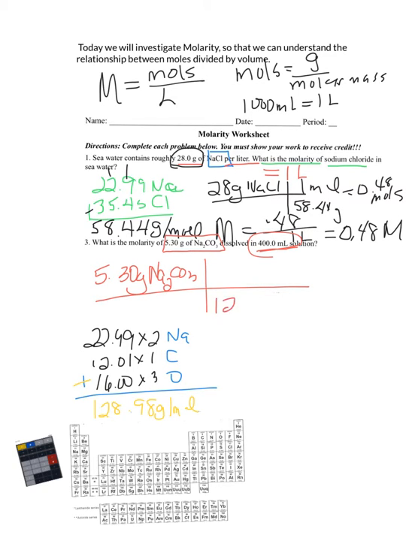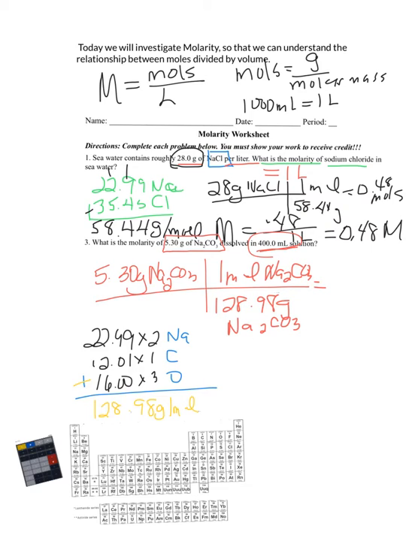So 128.98 grams, because that is the molar mass of Na2CO3, for every 1 mole of Na2CO3. We need to calculate that. Remember, whatever is on the bottom, we divide into the top.